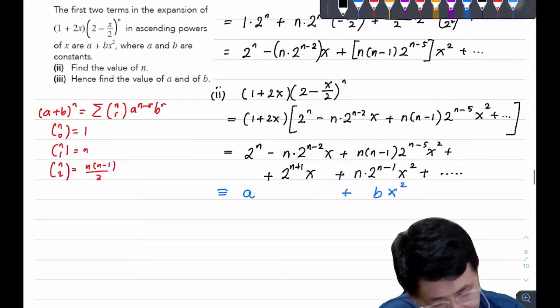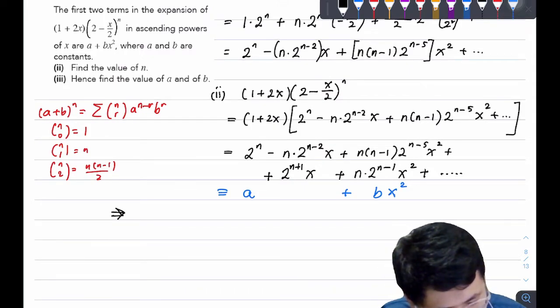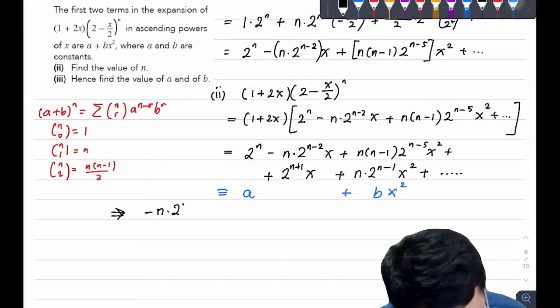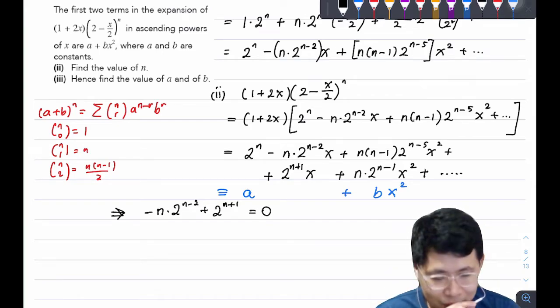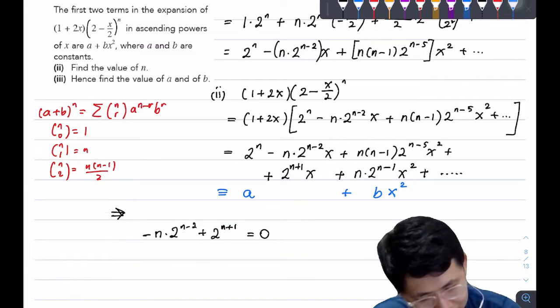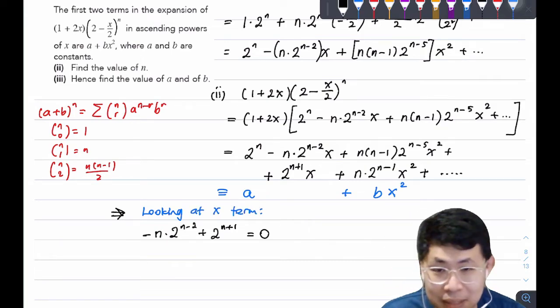So over here we can actually take note by comparing terms. We have negative n times 2 to the power of n minus 2 plus 2 power n minus 1 is equals to 0, because the x term is 0.